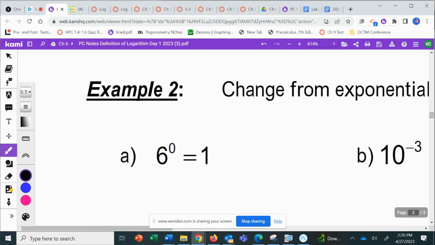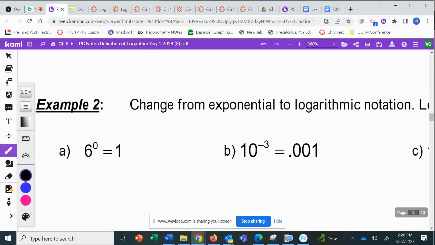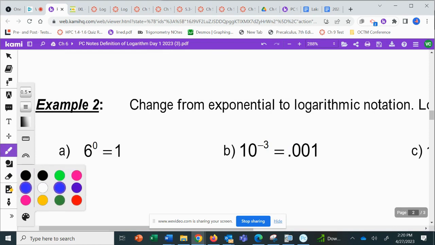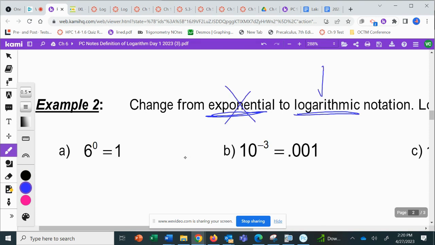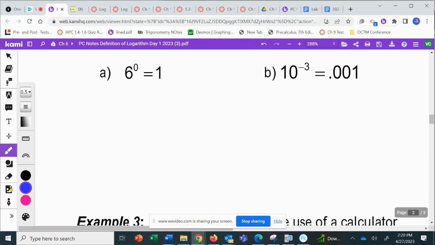So the top of the next page, we are kind of doing the same thing, but we're going backwards. We're going from exponential to logarithmic. So I'm getting rid of the exponents. I'm putting in a log. So what cancels out? Let's see, the exponent is on the 6. What cancels out a base of 6?